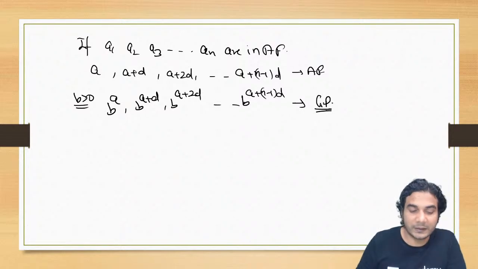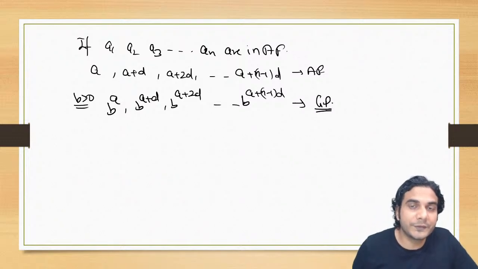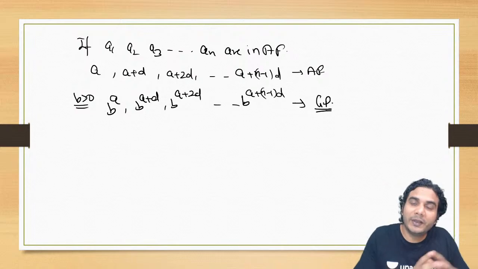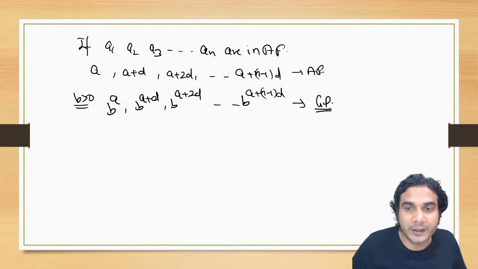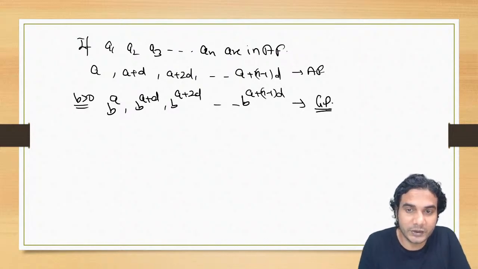So now these numbers will be in GP. Like if you take log of terms of GP, it becomes AP, and if you take anti-log, that means if you put terms of AP to the exponent of some positive constant, then it will become GP. So these two are very, very important properties of AP and GP.